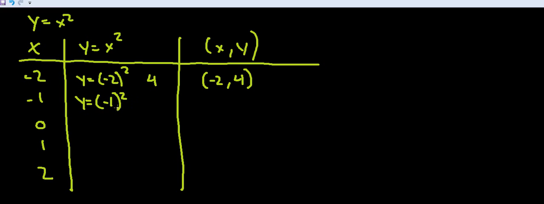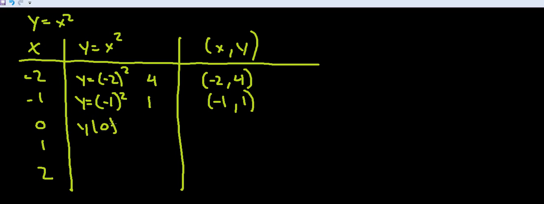Remember again, this is one of those things that's easy to mess up on, so make very sure that you don't make a careless mistake like that. People make them all the time, even people who have been doing math forever. So -1 times -1 is +1. So we get the point -1, 1.